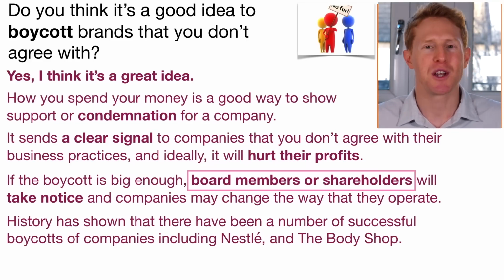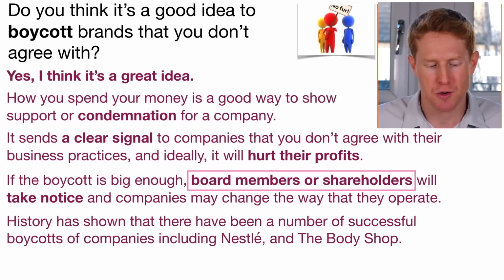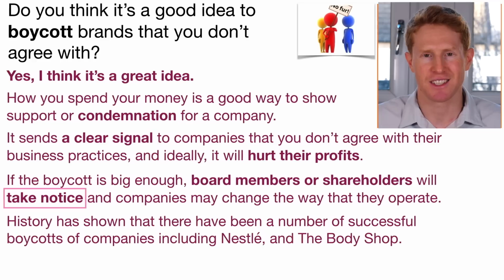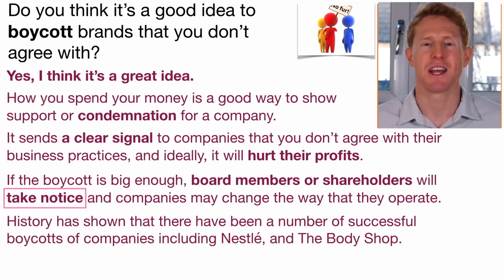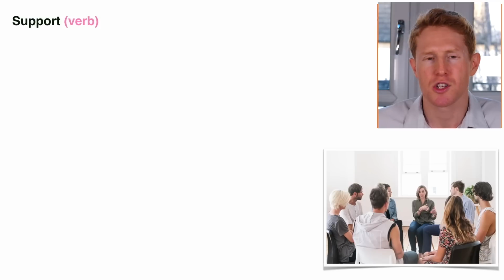So if you boycott them, then the shareholders and board members are going to take notice. So take notice is another way to say that they realize something. They take notice.